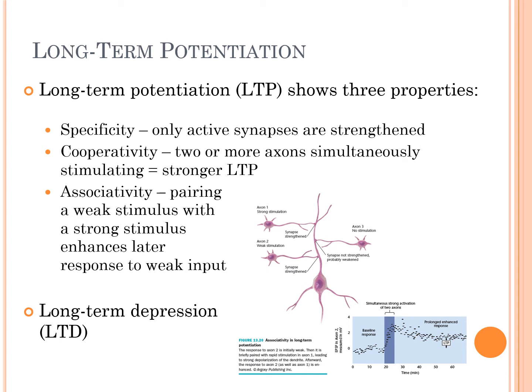And then as we are getting the two pieces of information together, so axon 1 and axon 2 are both stimulating the postsynaptic neuron, during that dark blue bar, we see this great raise in the amount of response that the postsynaptic neuron is now going to have to axon 2, which before had no response, and now my response is going to stay much higher.